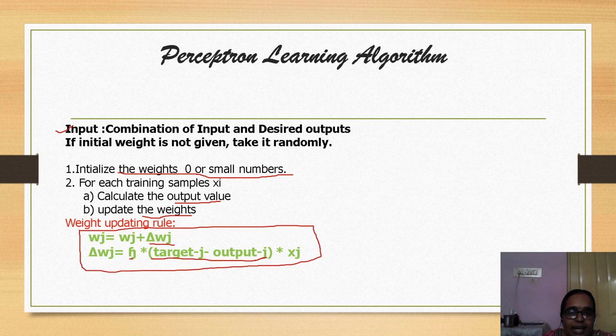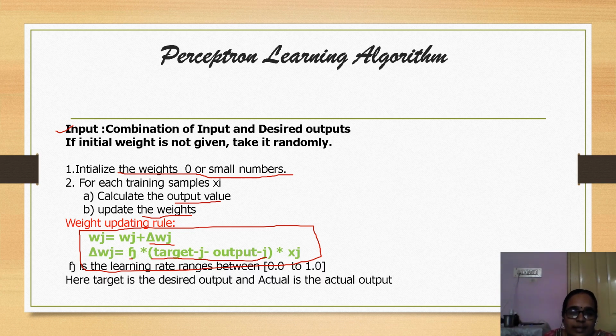So the weight should be updated as the actual weight plus small changes in the weight. The change will be the learning rate multiplied with the loss function multiplied with the input value. Here the same thing is given, and this learning rate ranges from 0.0 to 1.0.